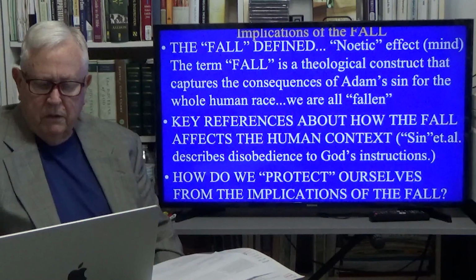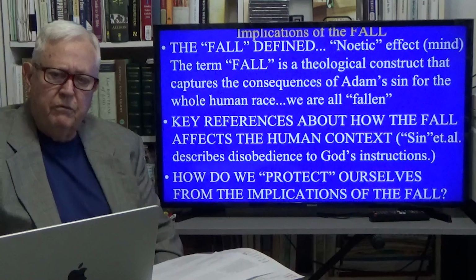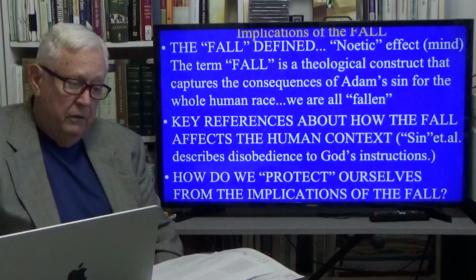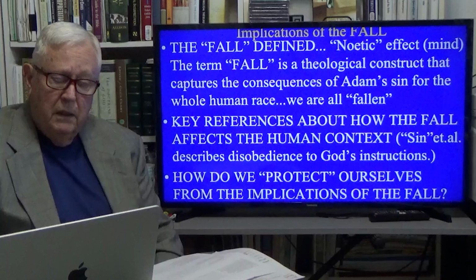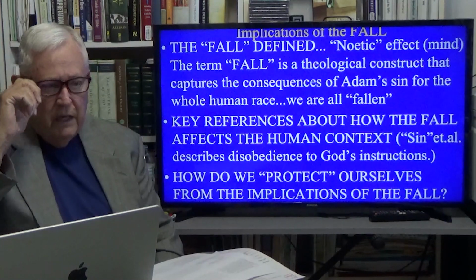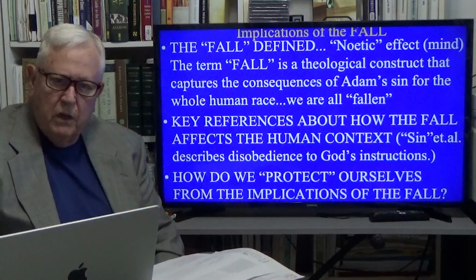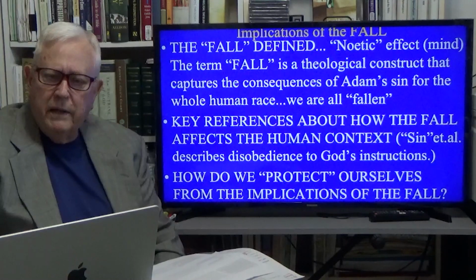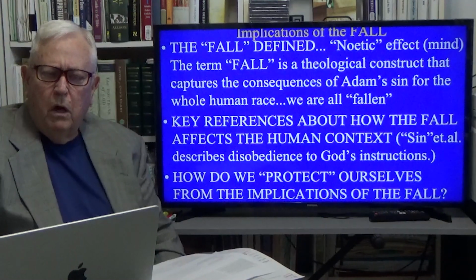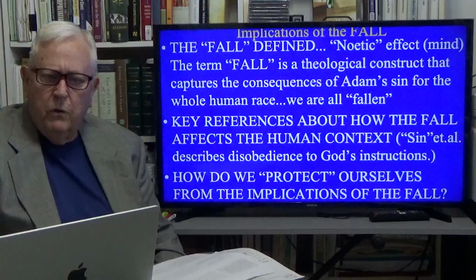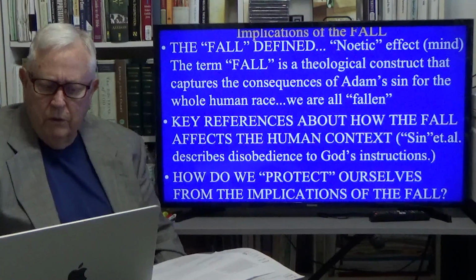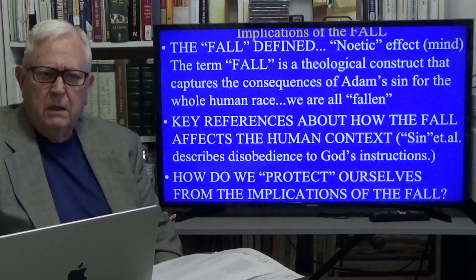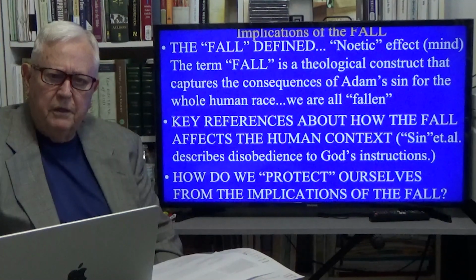How do we protect ourselves from the implications of the fall? Well, there's only one way, and that is to engage the scriptures in that transformed mindset. Our worldview and values and that ongoing education according to biblical teaching is the only way we can advance ourselves beyond the damage that the fall has done.